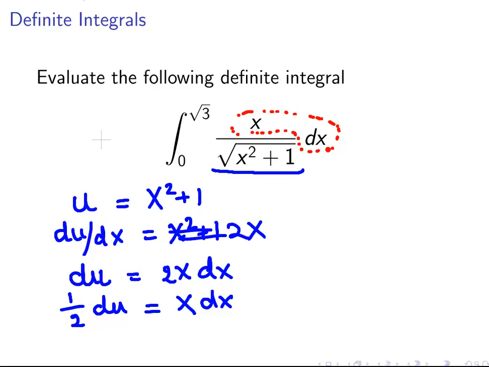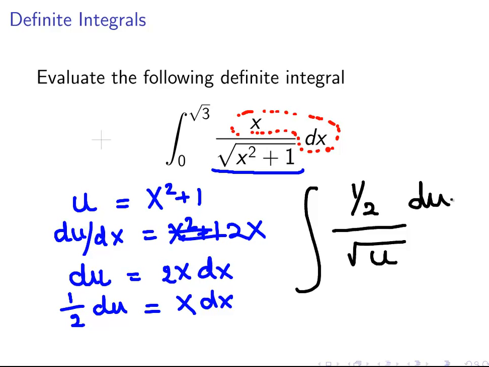Now we'll disregard the limits for the time being. We can re-express the whole thing as 1 over the square root of u, times x dx, which is 1/2 times du. One over the square root of u can be written as u to the power of minus 1/2.